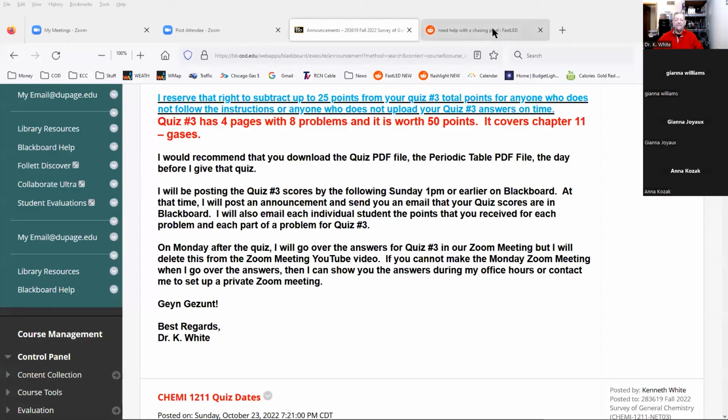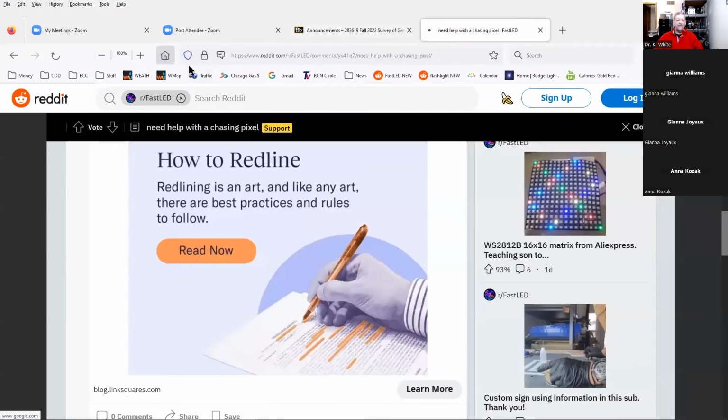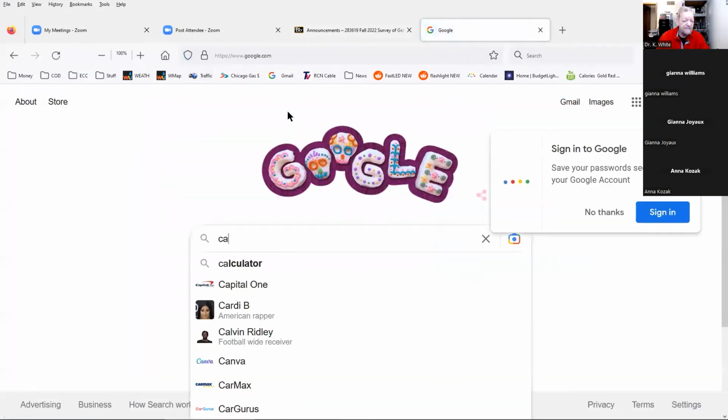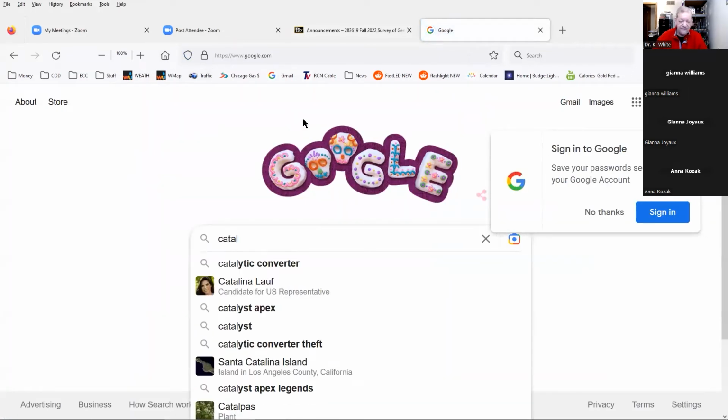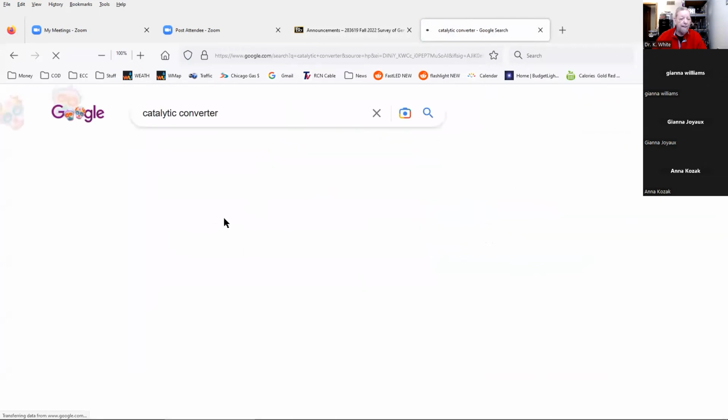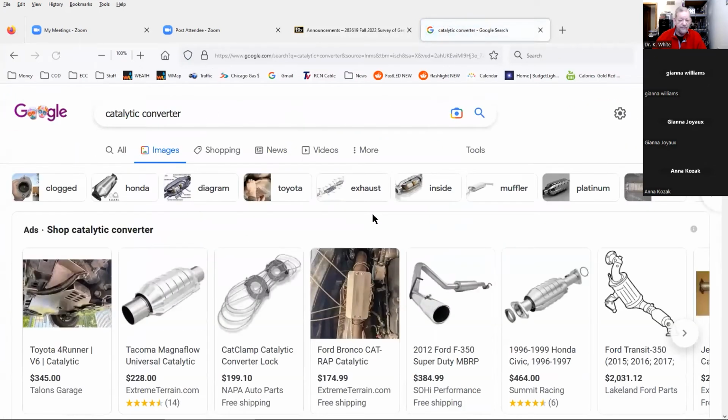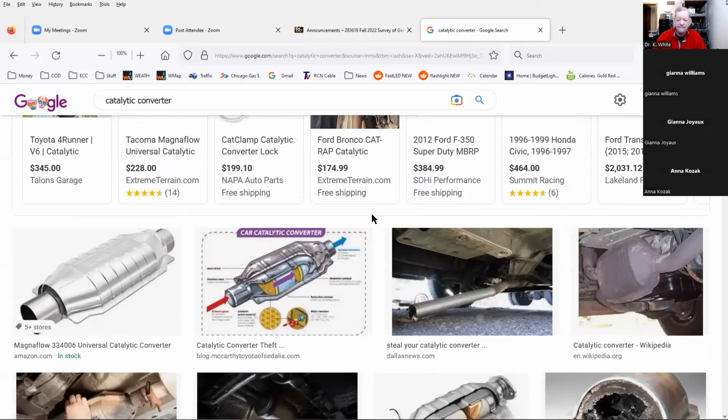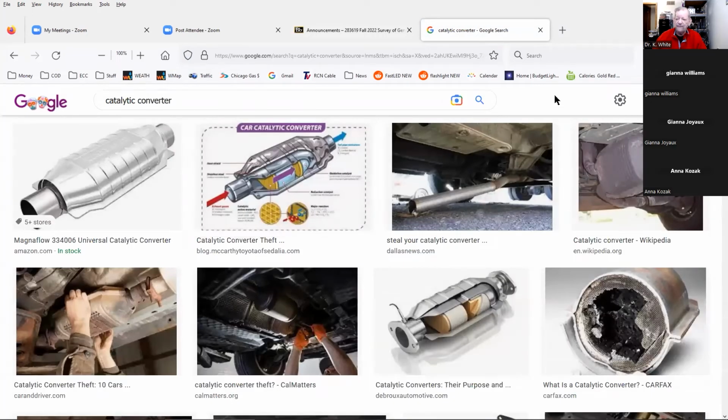So let's see if I can find something real quick. Everybody see on your screen images of catalytic converters.